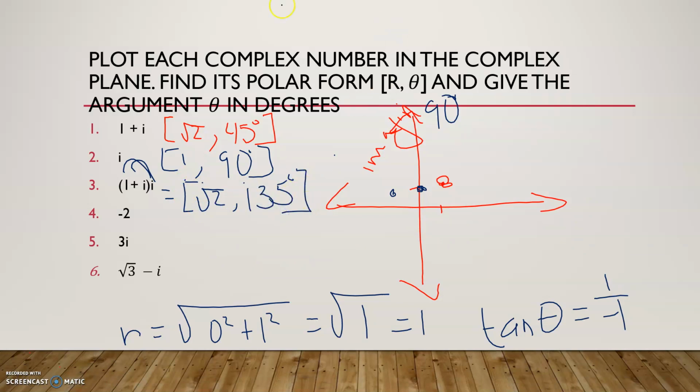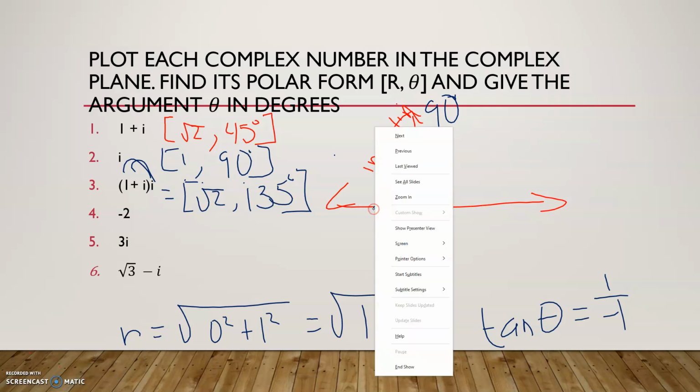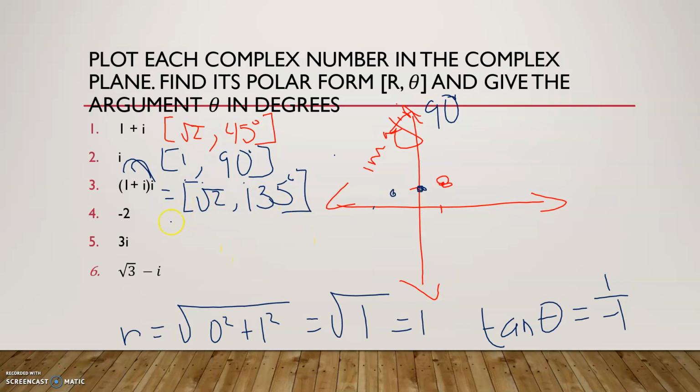The next one is -2, and so there's no imaginary, so I would just stay on the real axis, and so that would be right here. For this, it lets me know that x is equal to -2 and y is equal to 0.